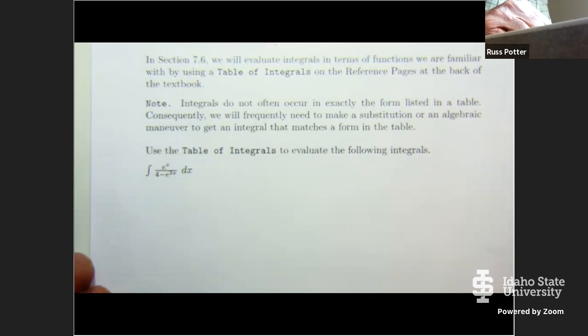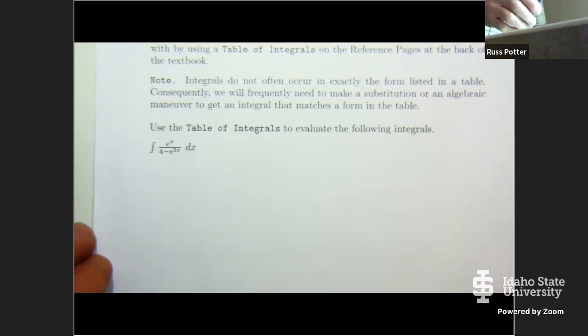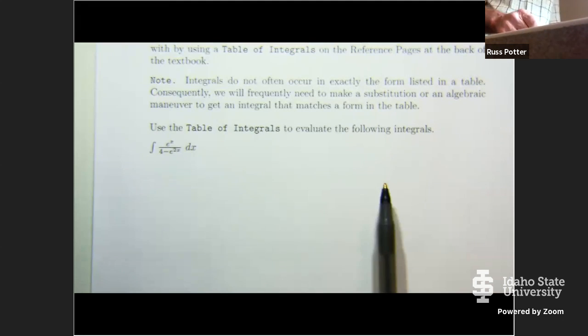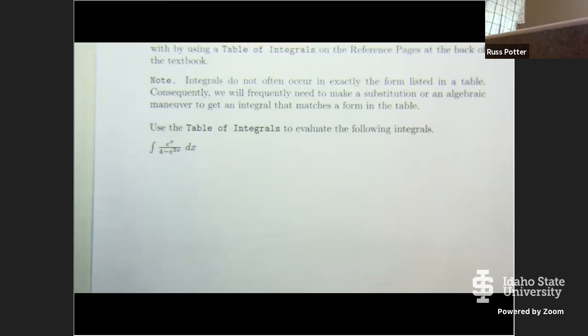Okay, so we'll do a few examples. Use the table of integrals to evaluate the following integral. This one is the indefinite integral of e to the x divided by 4 minus e to the 2x dx. Does anyone have a suggestion on how to start this one?